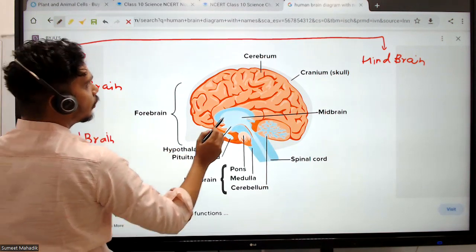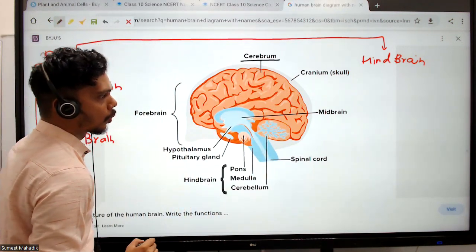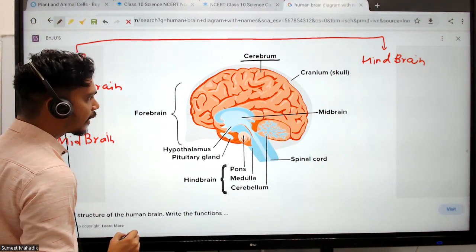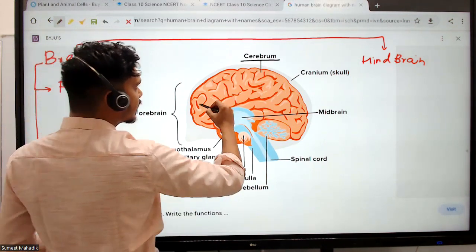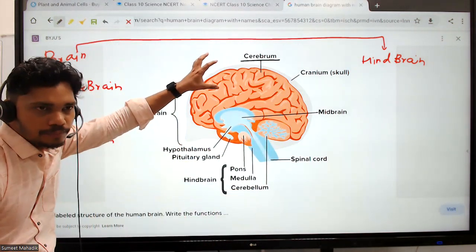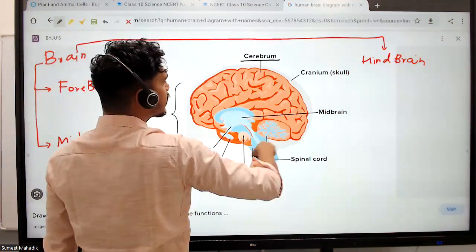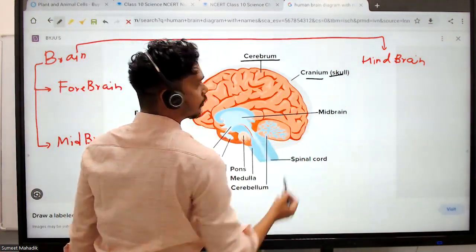Can you say the forebrain is composed of the cerebrum? Yes? Cerebrum or cerebellum? Cerebrum. So can I say that it is a part of the forebrain? Cerebrum is major. Now the brain is protected by a cranium, that is a skull. That we know.